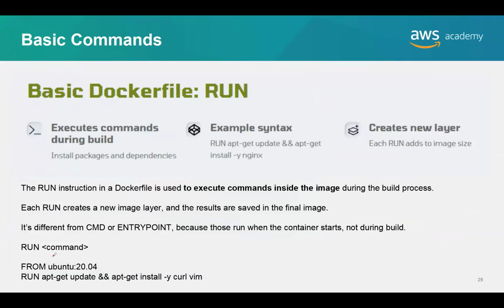Okay. So executing commands during the build: install packages and dependencies, run apt-get install -y nginx, and each RUN adds to the image size. The RUN instruction in the Dockerfile is used to execute commands inside the image during the build process, and each RUN creates a new image layer.